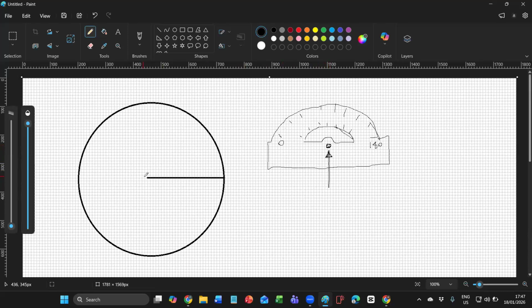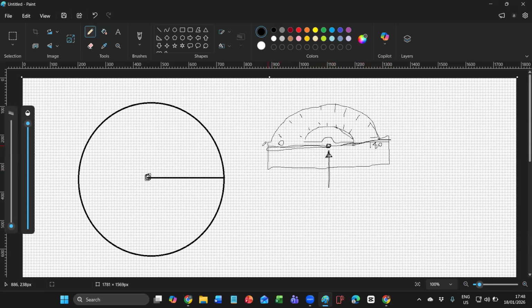I'll make sure that tiny circle lines up with the center of my circle, from where I drew the radius. Then I'll make sure that radius line matches exactly the line for angle 180, or better still, you can make it match the line for zero.